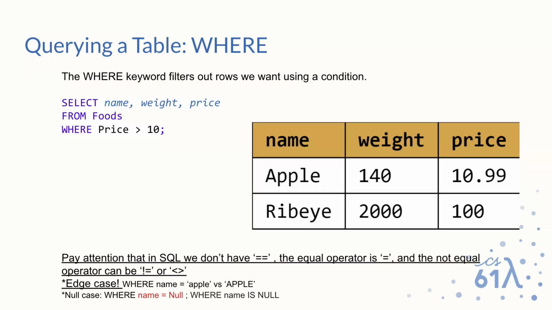A really small thing, but if you want to find all the rows where a value is null, like sometimes there's no data values, I don't think it's ever going to come up in 61A problems, but it might. Instead of saying name is equal to null, you say where name is null.